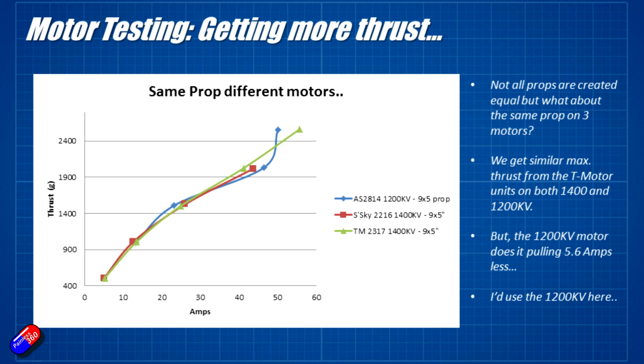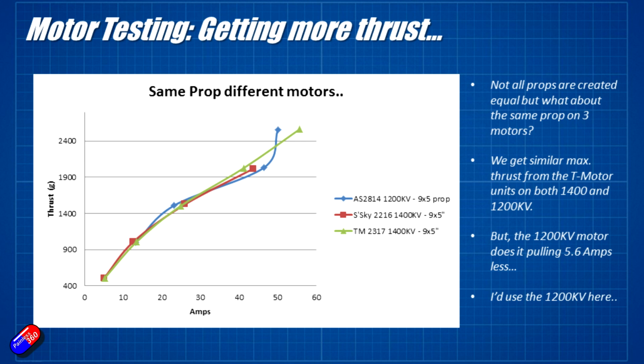Now, I personally think the data point on the 9 by 5 inch prop for the AS2814 1200 kV, the blue line at the 2000 gram pull, has a bit of an aberration. I think we would definitely see that the 1200 kV 9 by 5 inch prop is still the most efficient of all of them.